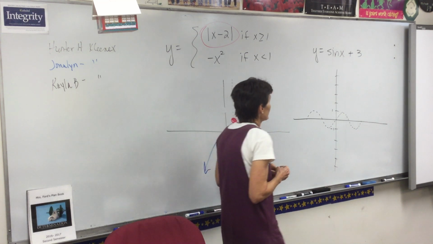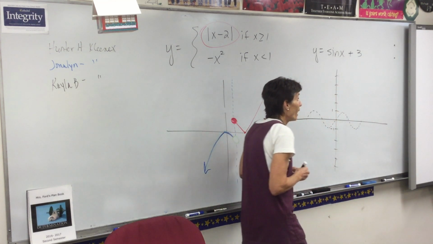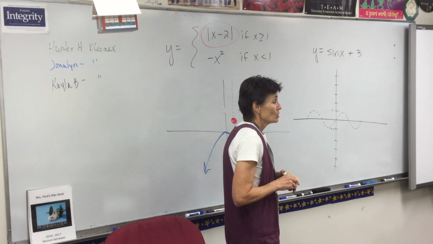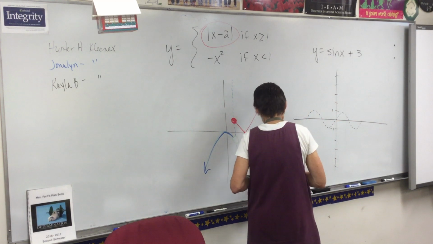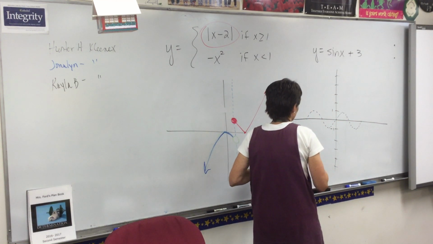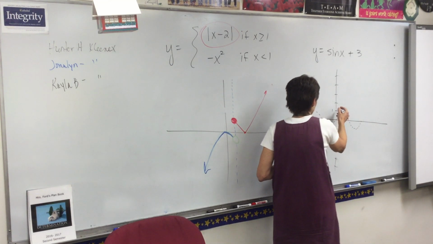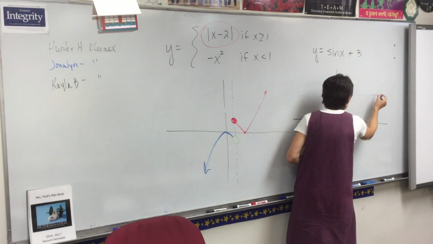What have we done to this picture though? We've moved it up 3. So instead of oscillating across the line where y is 0, it's now oscillating across this line.